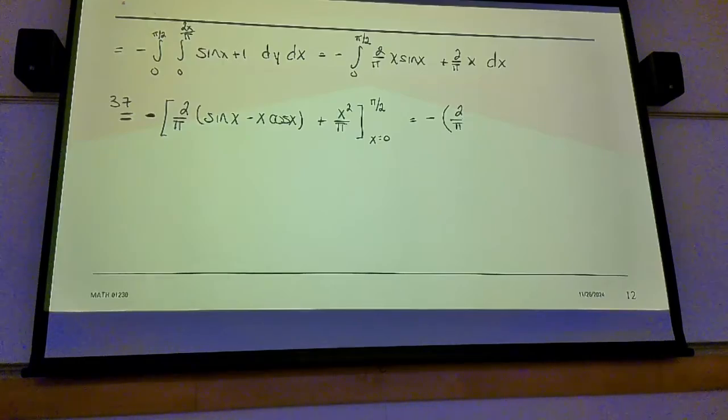First time we figured it's just 2 over pi, right? Second one, plus pi squared over 4 divided by pi is what? And then it's 0, 0, there's your line integral.